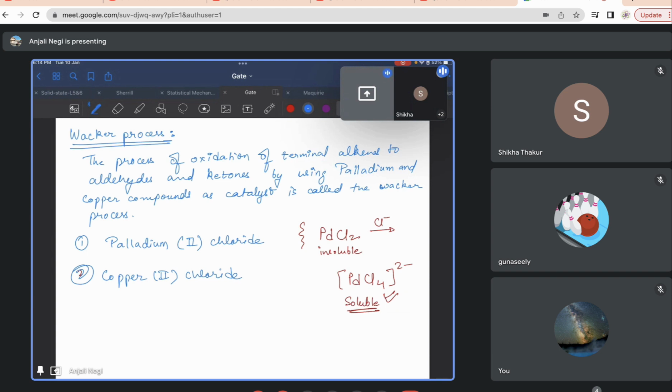So these two are used in this process along with the oxygen and water.